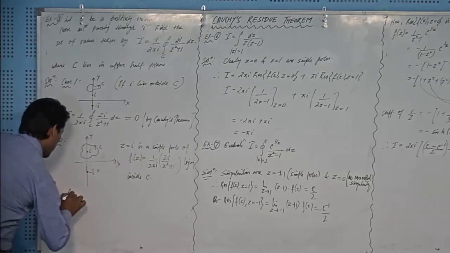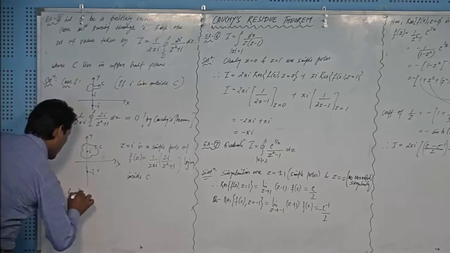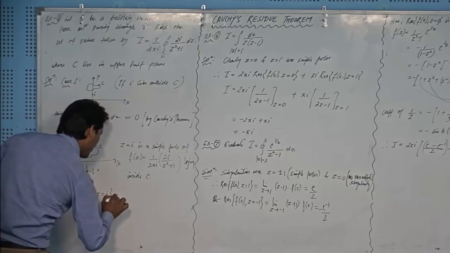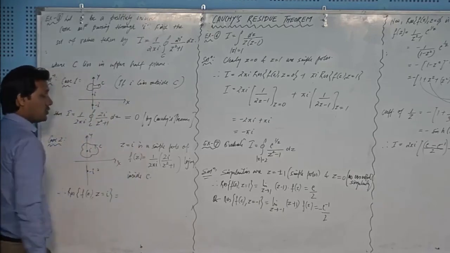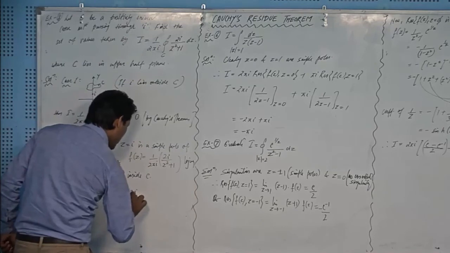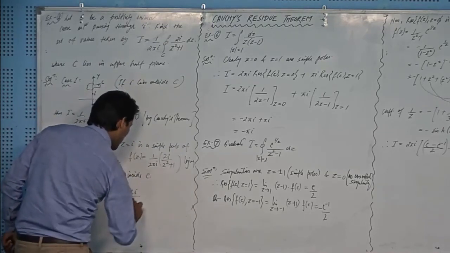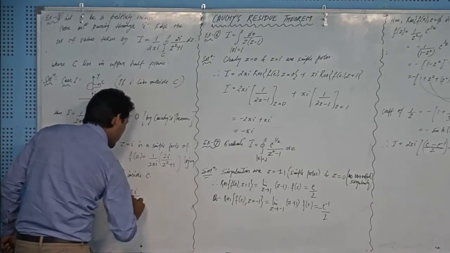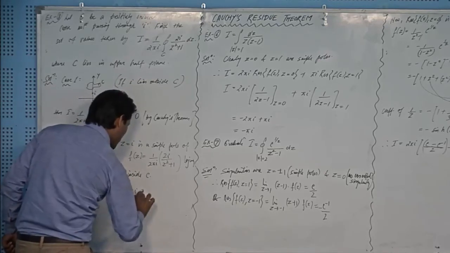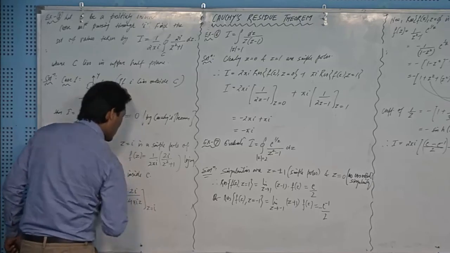Therefore, the residue of your function at iota will be given by, since it is a simple pole, you can use the differentiation rule also. Write the numerator as it is and differentiate the denominator. You will get 2z, so that will become 4 pi iota z, right? And then you plug z equal to iota here.